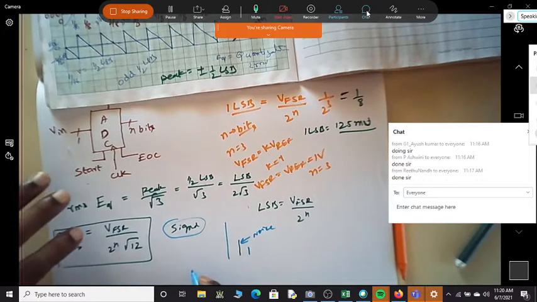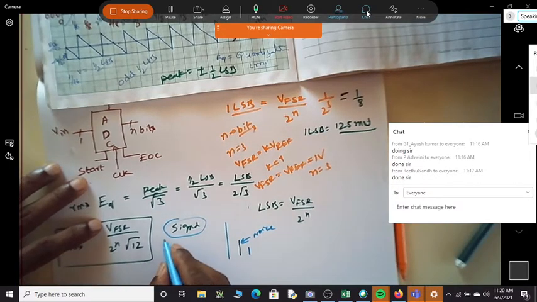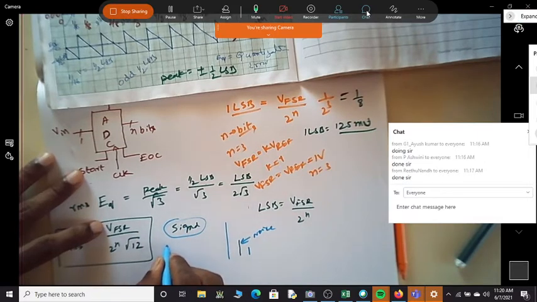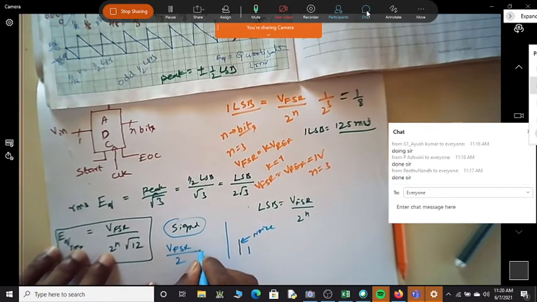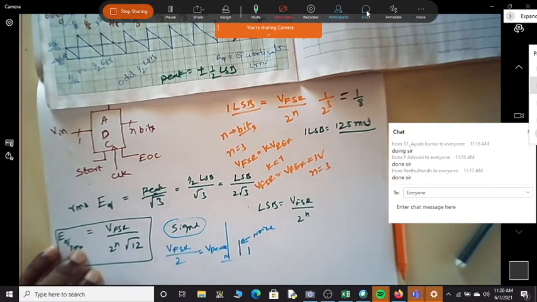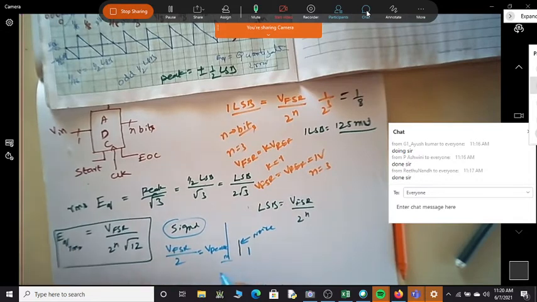So let us consider a signal which is a sinusoidal one having an amplitude, peak voltage, of VFSR by 2, to maximize the signal to noise ratio. We are considering the V peak of the input voltage as VFSR by 2. This is the peak voltage of the signal.